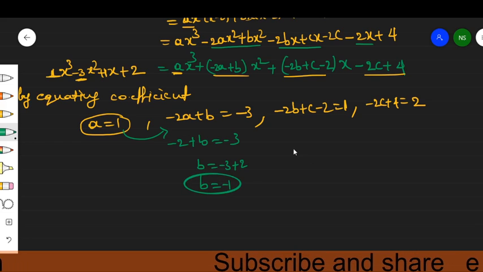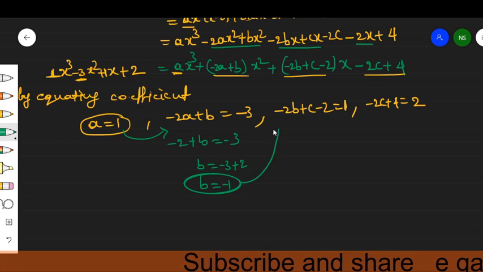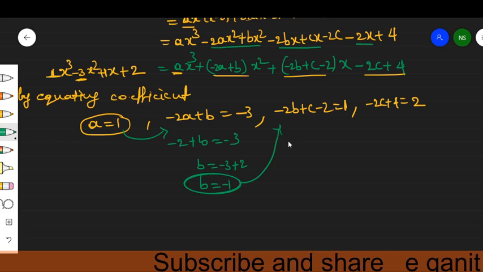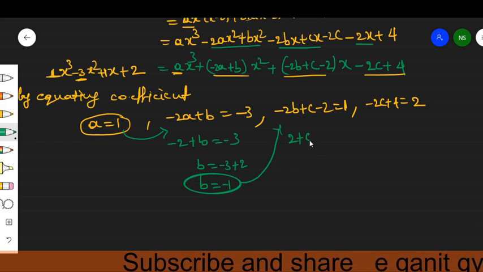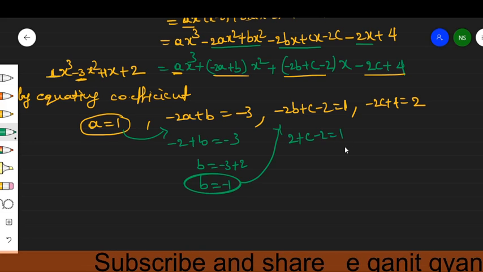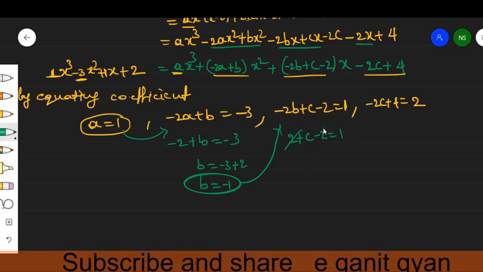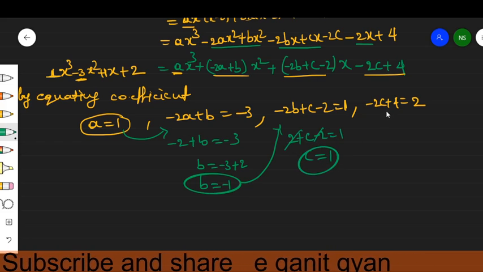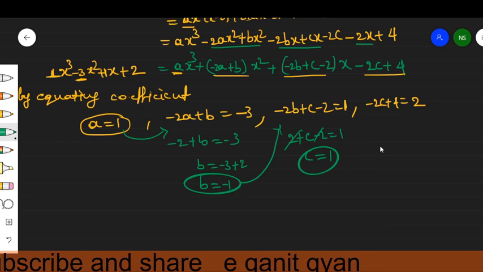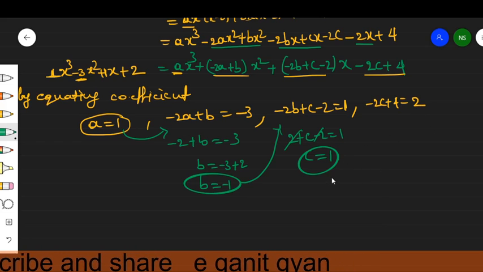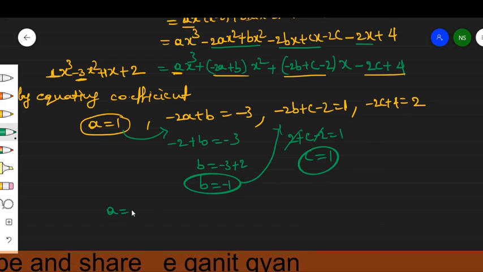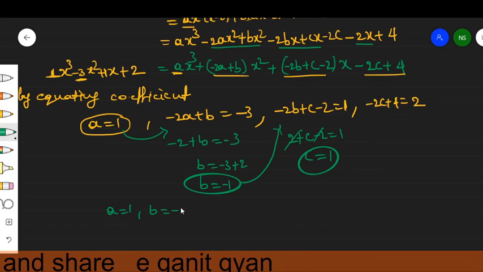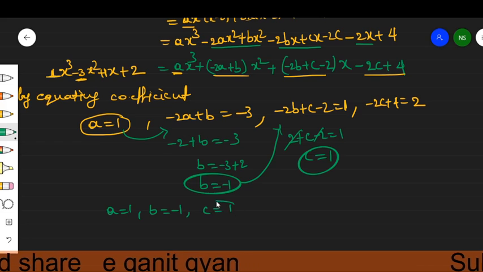So we got b value also. Substitute this b value in this, then we will get 2 plus c minus 2 is equal to 1. So plus 2 minus 2 will become 0, and I will get c value 1. So a value is 1, b value is minus 1, and c value is 1.